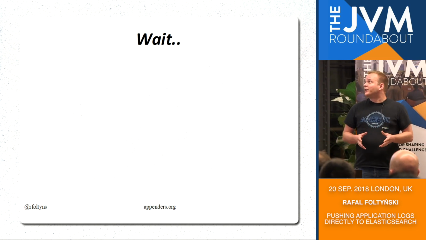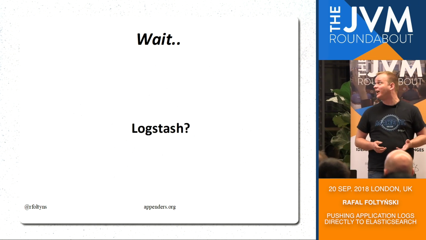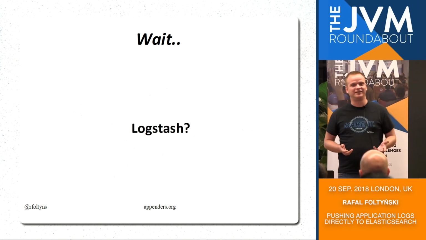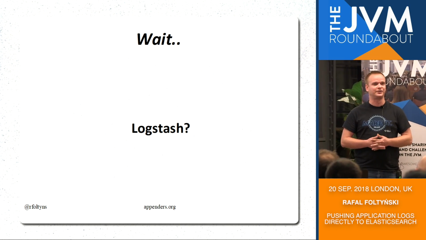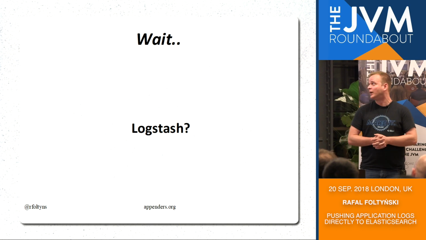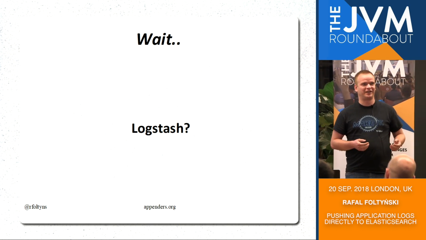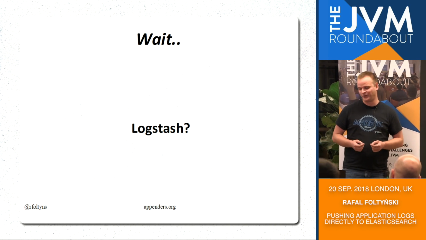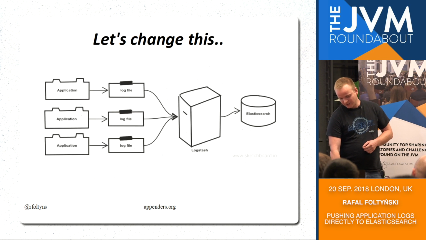So you're probably wondering, wait, isn't Logstash already doing that, or Filebeat? And you're right. These tools were already there. They are provided by Elasticsearch. But what was always missing was the actual direct communication from the application to your cluster.